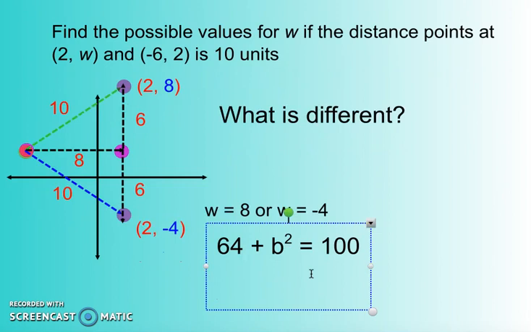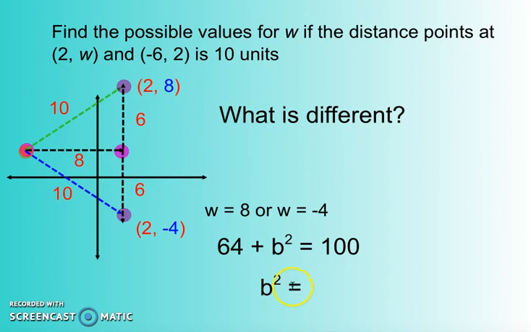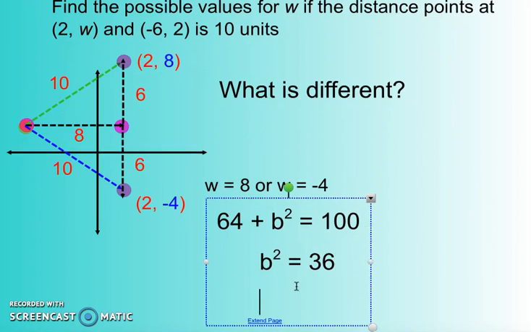And if we subtract 64 from 100, whoop, go back. 100 minus 64 is 36. And if we take the square root of that, that would get us to b is 6.